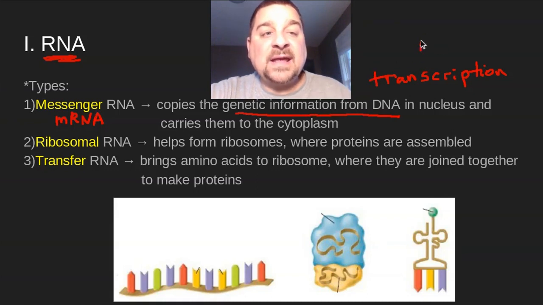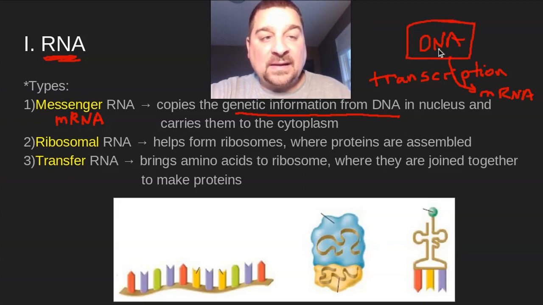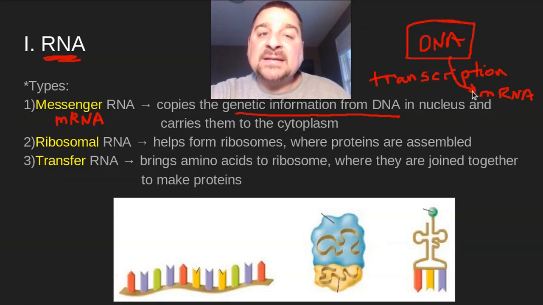Okay, so DNA to mRNA is known as transcription. Remember, DNA is locked away in the nucleus, and so it has to be transcribed into a message which can be taken out to the ribosome.